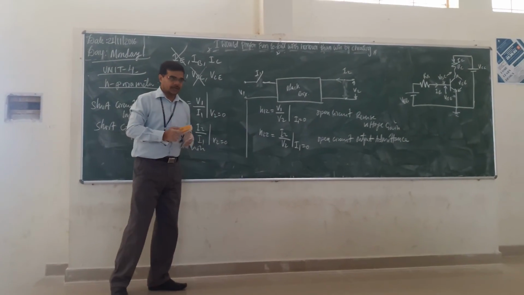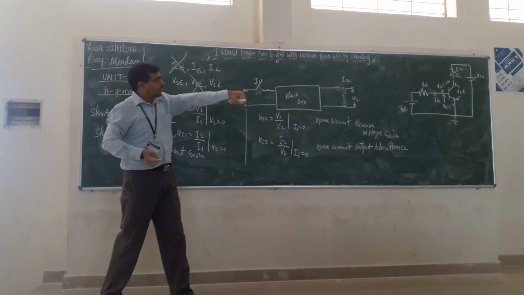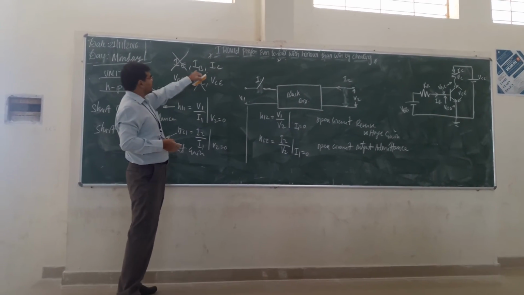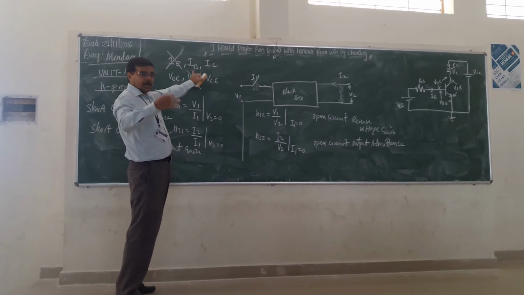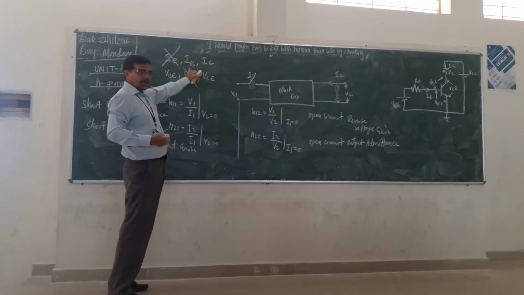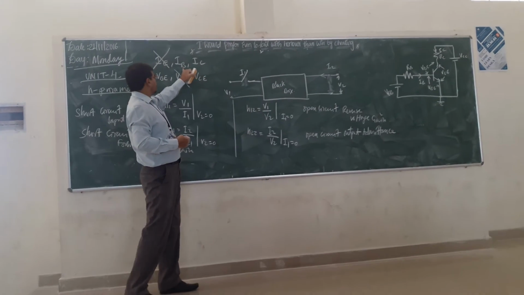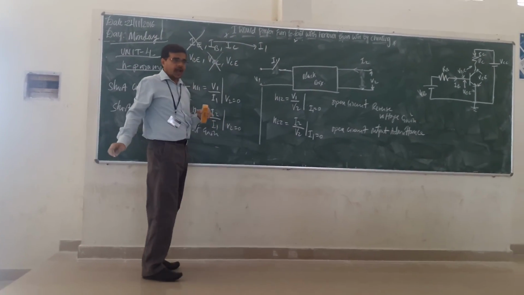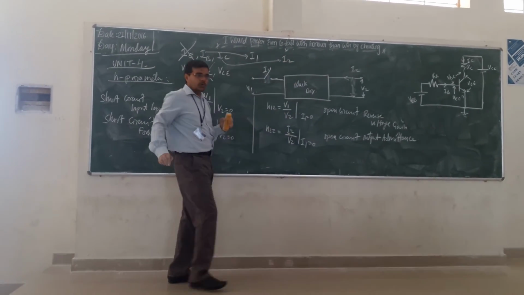Here, if we are seeing this circuit of your common emitter configuration, can we say that this base current is your input current and collector current is your output current? So can we say this IB as I1 and this IC as I2?